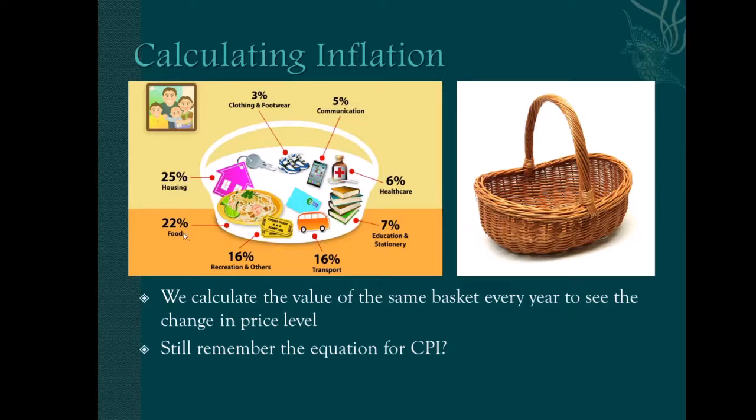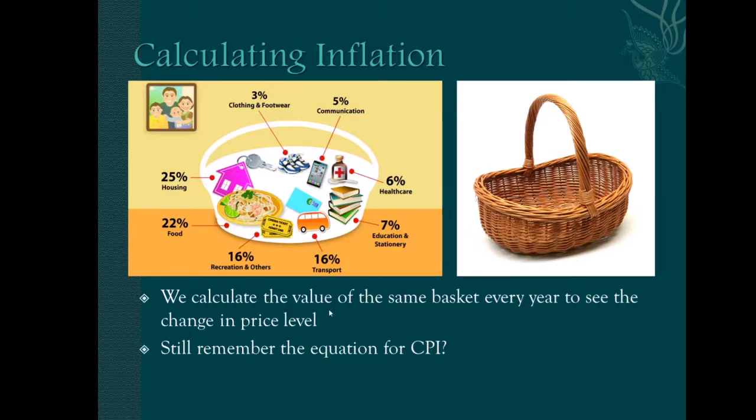Then you have food, and maybe some other things. These are what we call the weights. When we are trying to calculate CPI, we are calculating the weighted average value inside this basket.